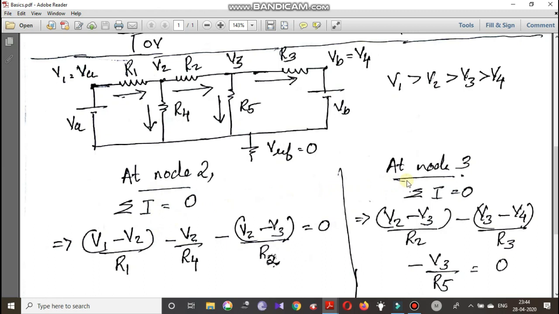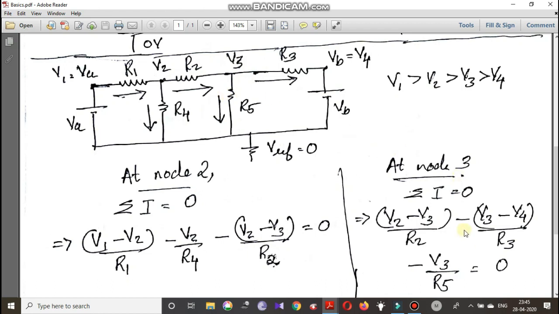Similarly at node 3, we are also having three elements which are connected to node 3. Therefore we will have three currents associated with node 3. So here also one current is incoming to node 3 and the other two currents are outgoing from node 3. So we can write the node equation for node 3: (V2 minus V3)/R2 is the incoming current and the other two are outgoing currents, so those two values will be negative.